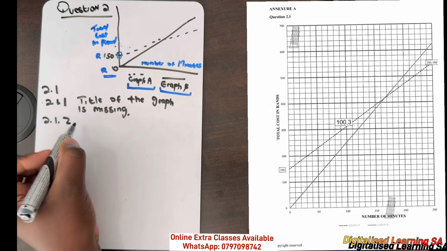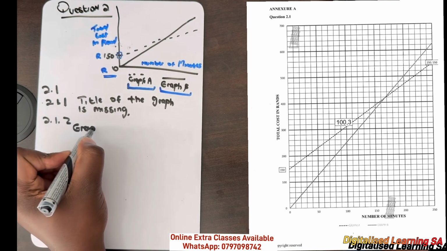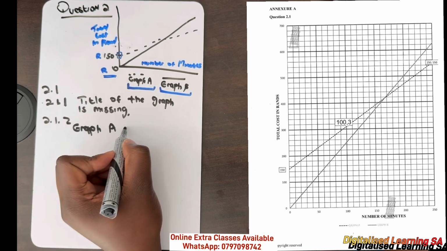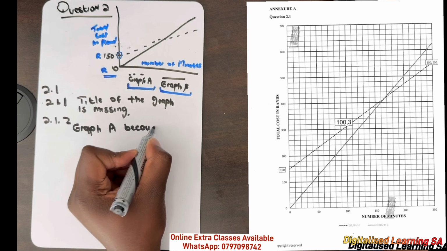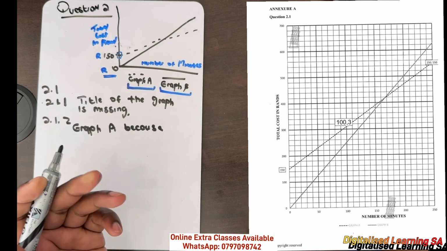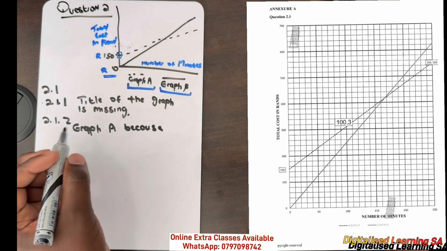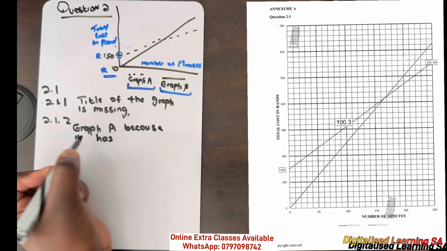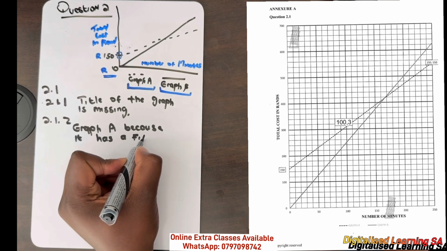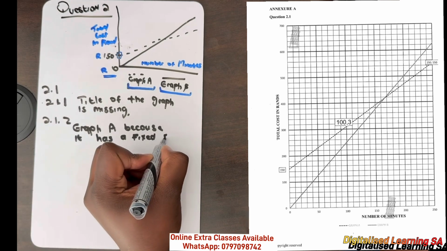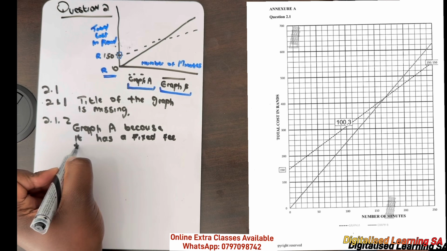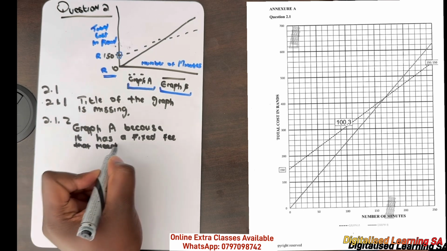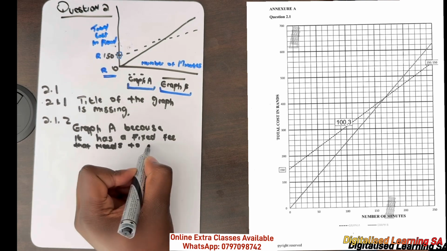So we will say graph A, because it has a fixed fee that needs to be paid.